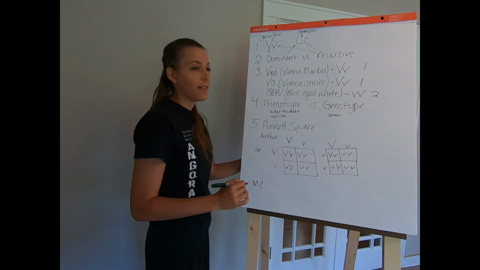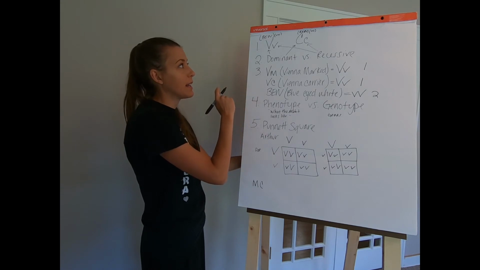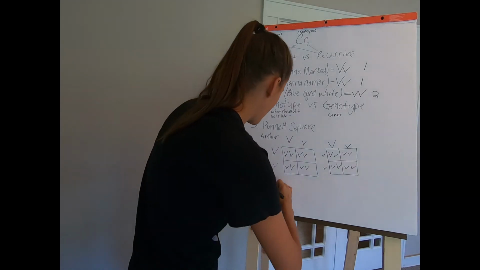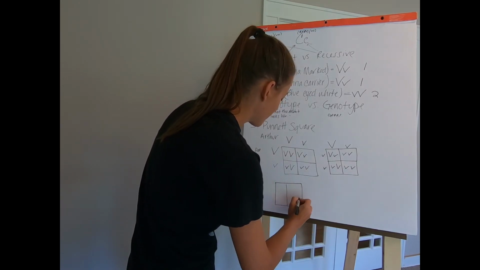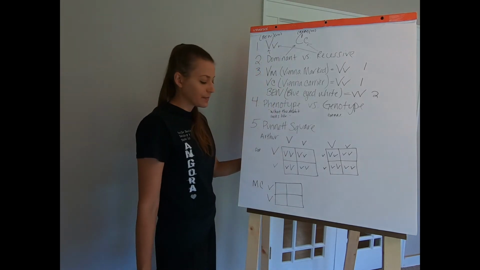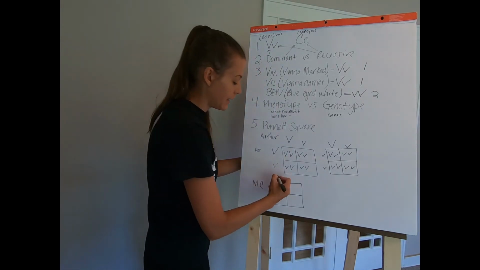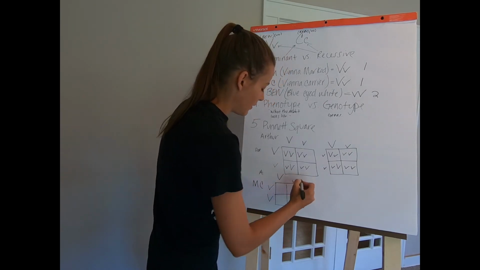She does not have a single Vienna gene. That means she only has 2 big V's. Two big V's. Arthur, again, has a big V and a little v.